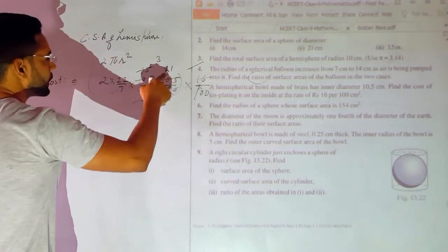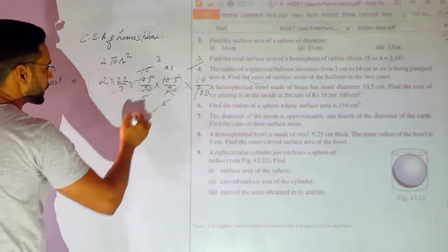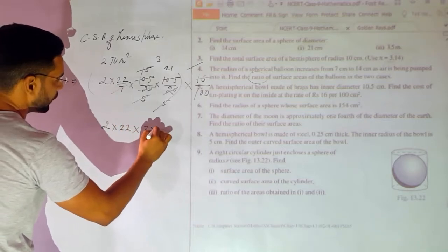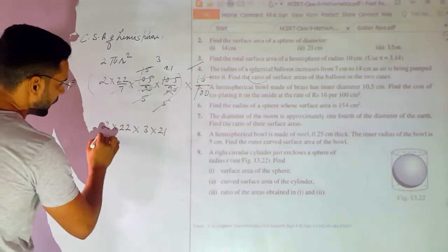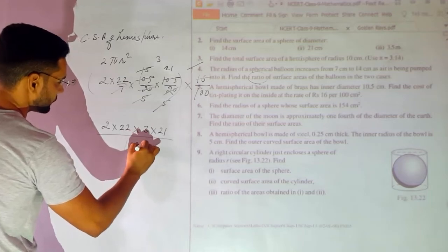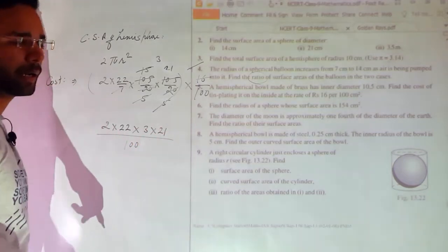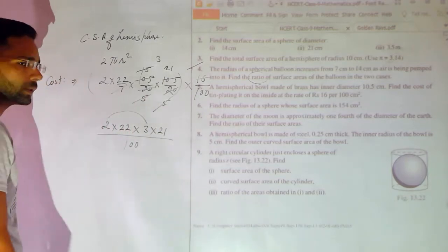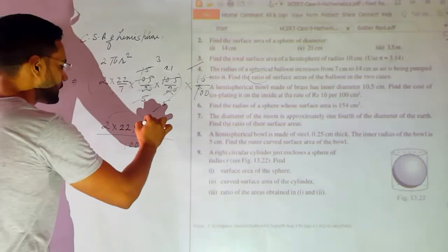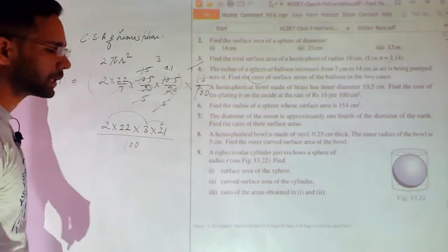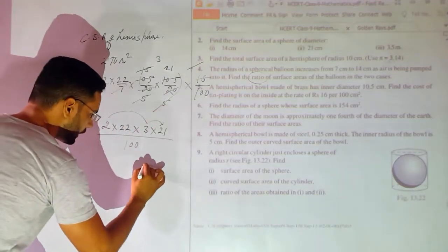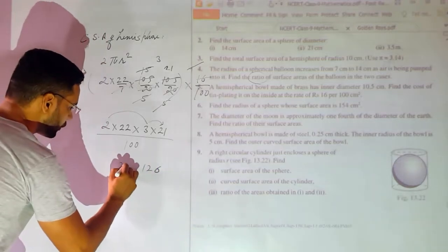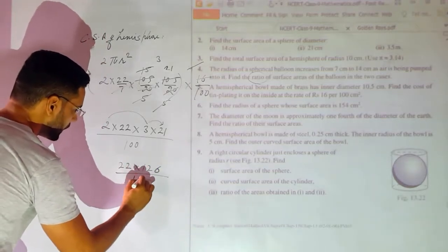It means 2 into 22 into 3 into 21, and 100. Now 3 twos are 6, 6 into 21 is 126, into 22 upon 100.